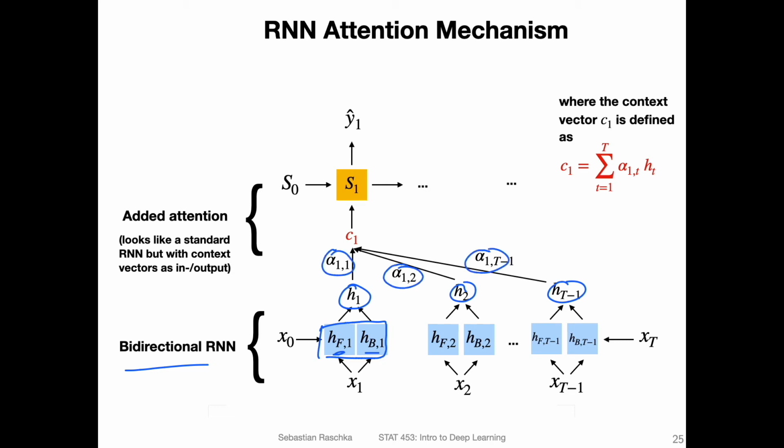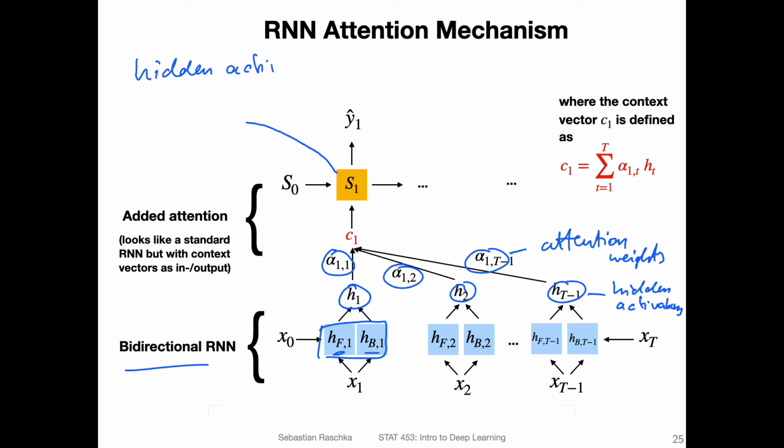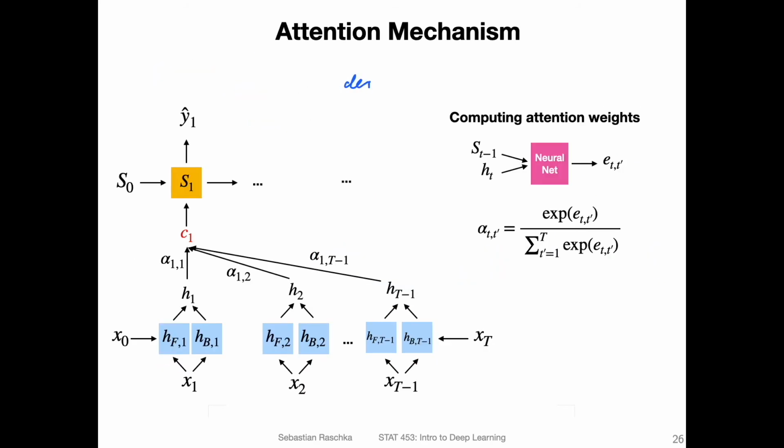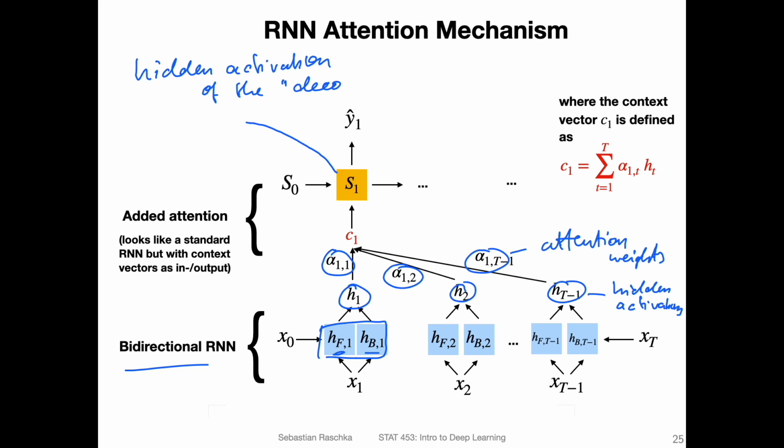So these are the attention weights, and these are the hidden activations of the bidirectional RNN, and this is the hidden activation of the, let's call this, decoder RNN.